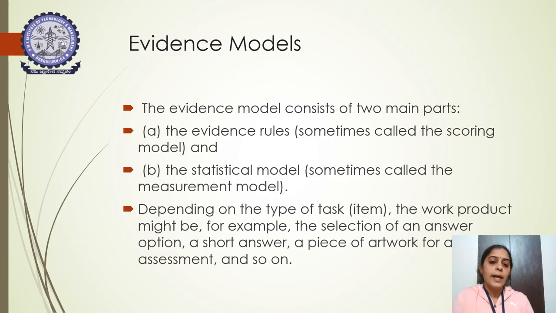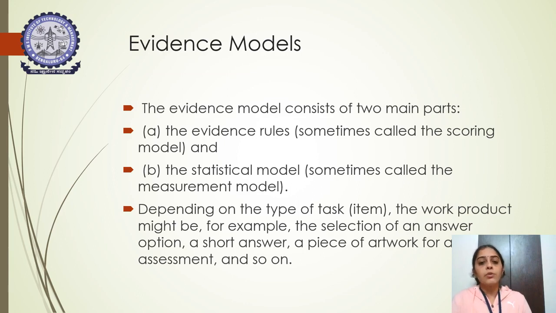Further, the evidence model will mainly consist of two parts. One is the evidence rule and the other one is the statistical model. These are the models which are being used for assessing the design as well. So we have to take care of the two classifications which are associated with the evidence model.